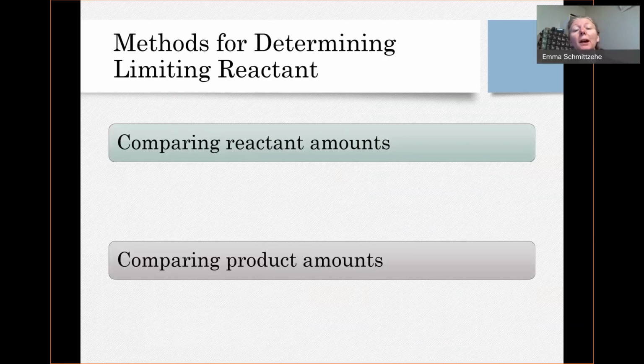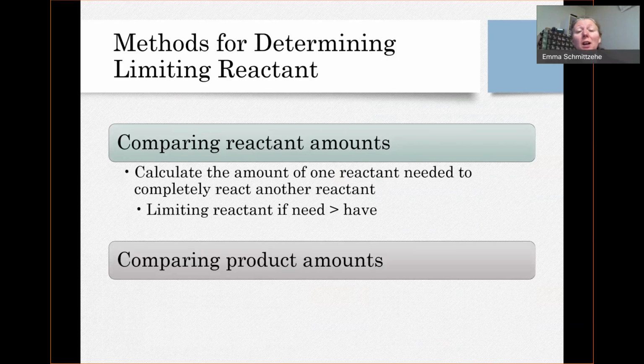You can only compare numeric values if they have the exact same unit. Not only that it's grams or moles, but also of the same substance. So when I say comparing reactant amounts, you would be converting one reactant to another.